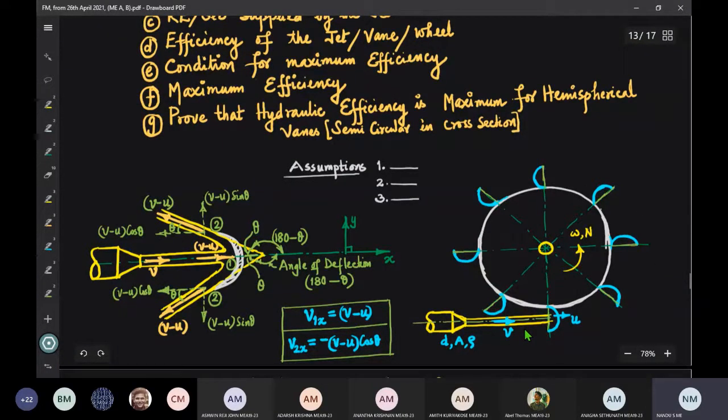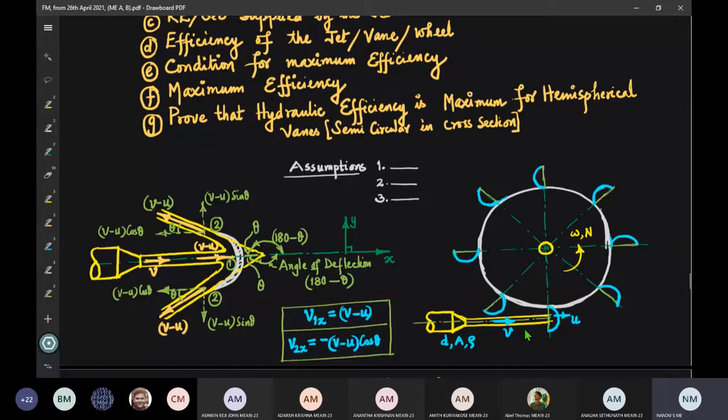We have already discussed a series of flat vanes fitted on the circumference of a wheel, and when the liquid jet is made to impinge on the flat vanes, we got a condition for maximum efficiency.